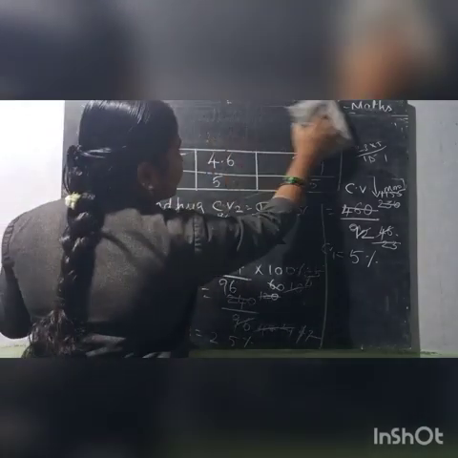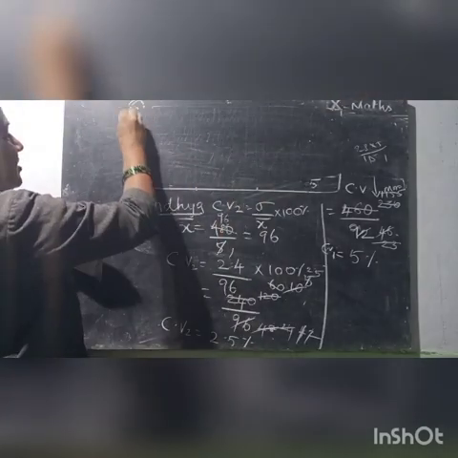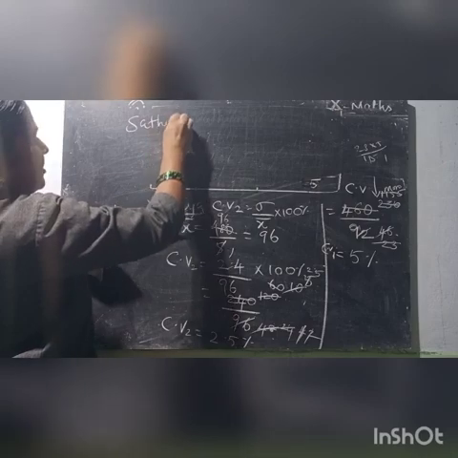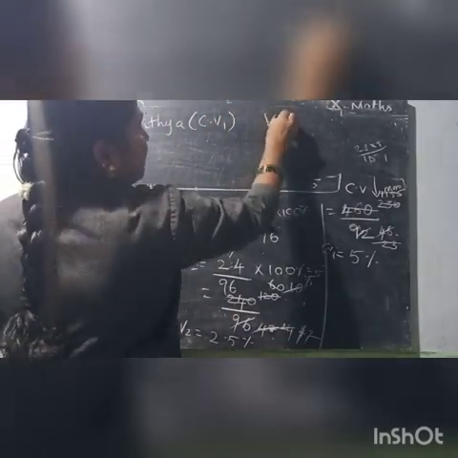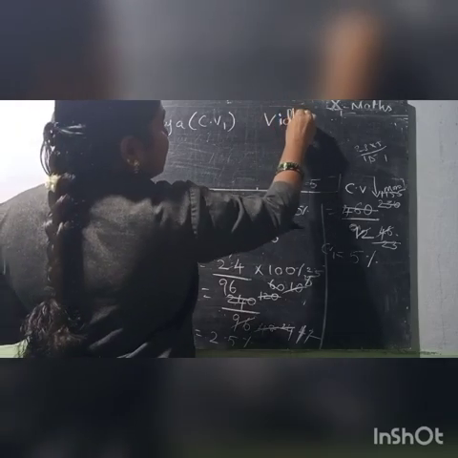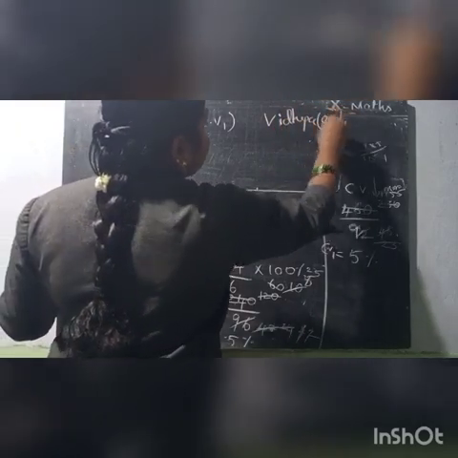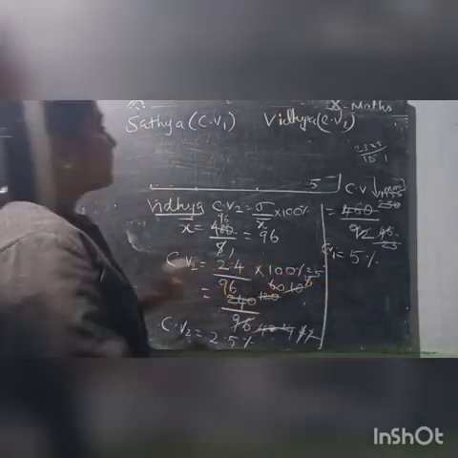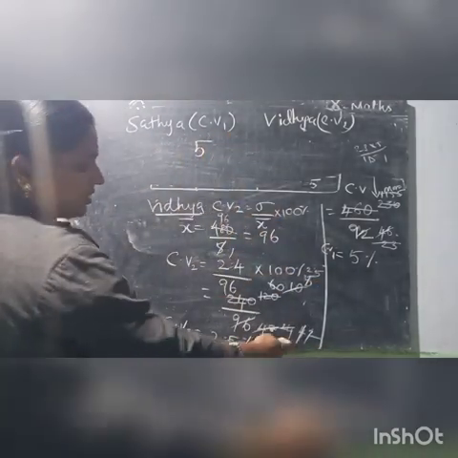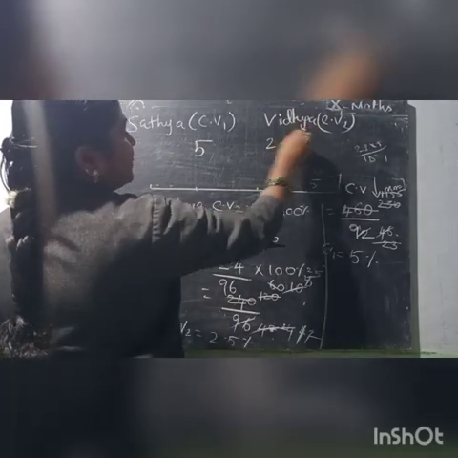So now, Satya's coefficient of variation and here Vidya's coefficient of variation. What is Satya's coefficient of variation value? 5%. And here we got 2.5%.